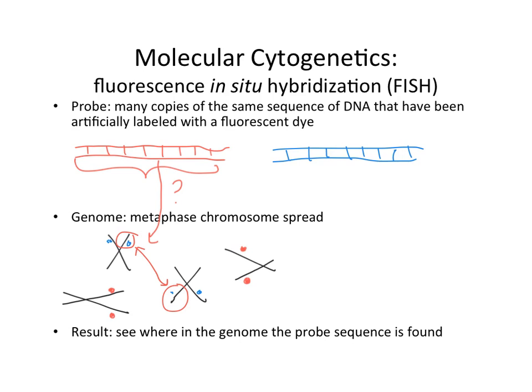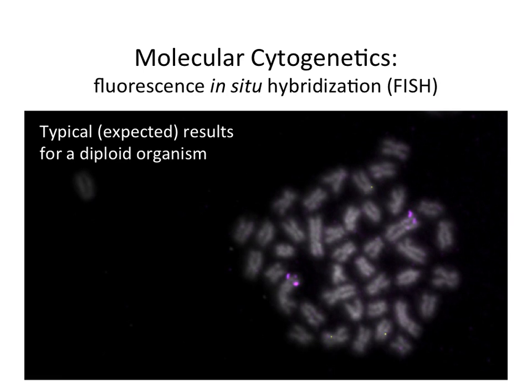So if we drew the karyogram, we would make sure that those arms that contain the probe sequences were paired up next to each other like this when we produce the karyogram.